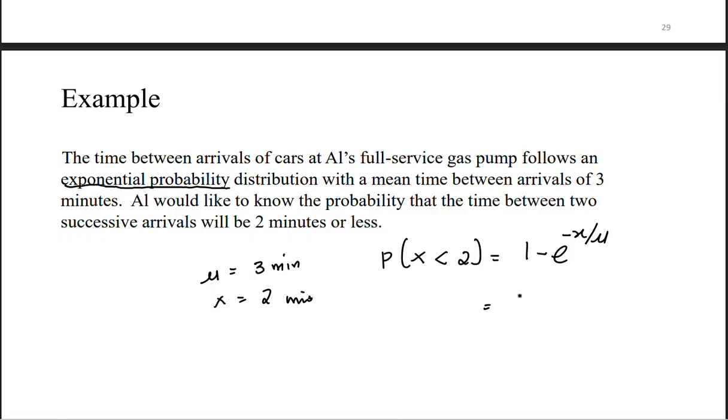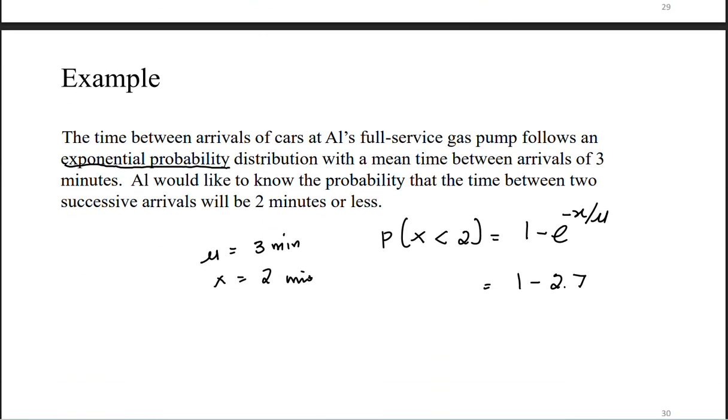And we already know e to be 2.71828 to the power of negative x, and x is equal to 2, divided by the average, which is 3 minutes. And so to solve this, I'm first going to find 2.71828 to the power negative 2 over 3, and then I'll subtract my answer from 1.